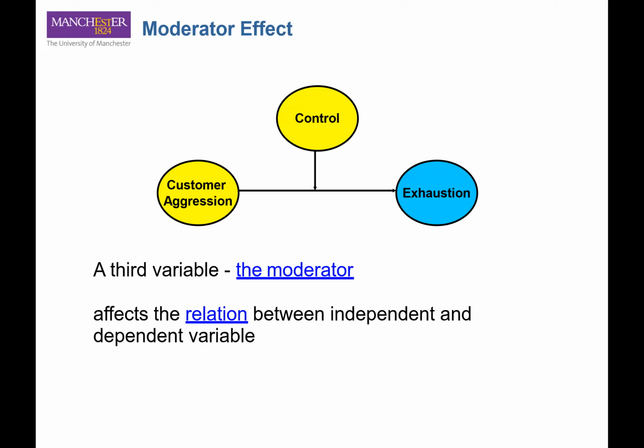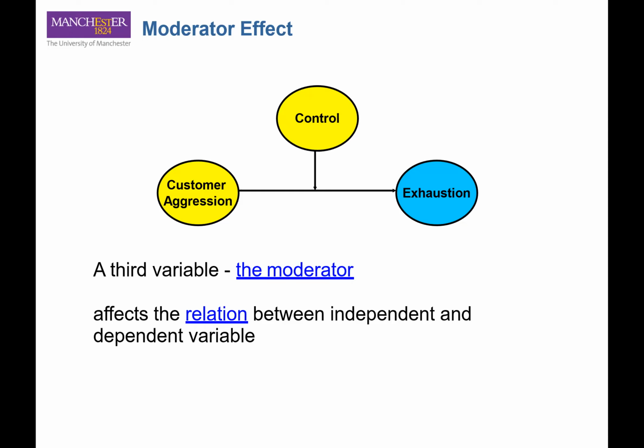The idea is that the level of control at work will differ. So the effect of customer aggression on employee exhaustion will depend on work control.